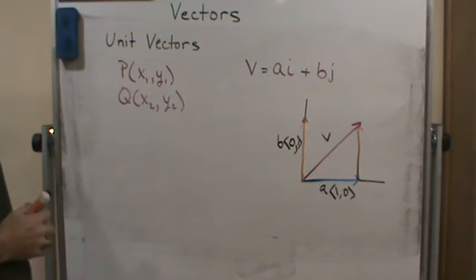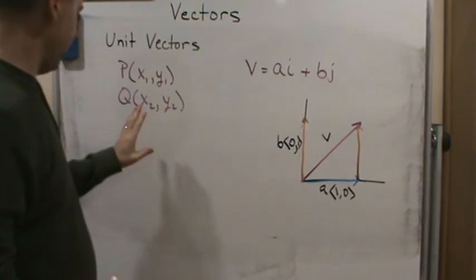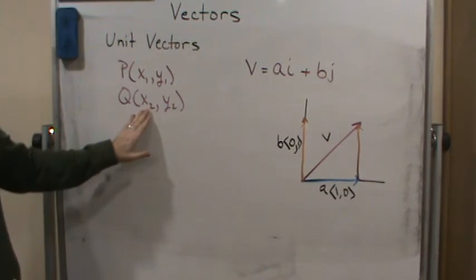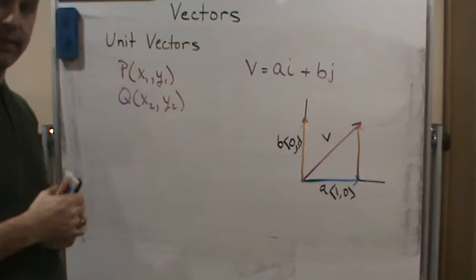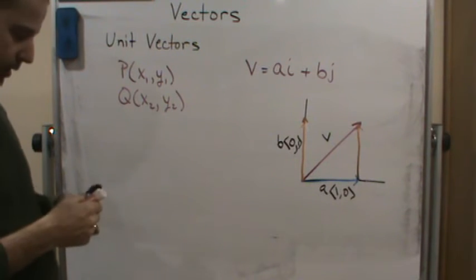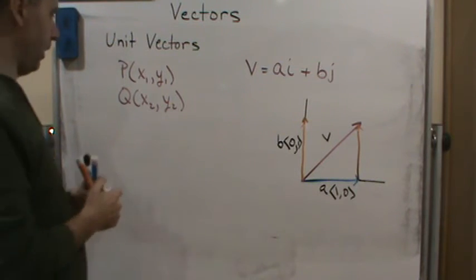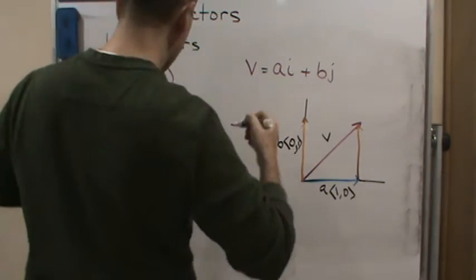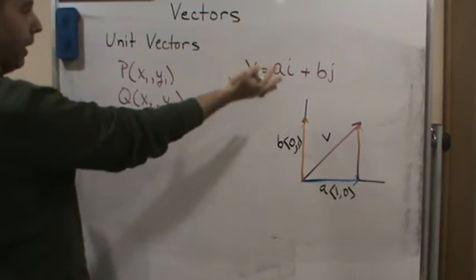So now, we already know how to get it as a position vector, even if I have 2 points. How do I get it into a position vector? By subtracting the corresponding coordinates or components of the points. So how does that work into our formula?